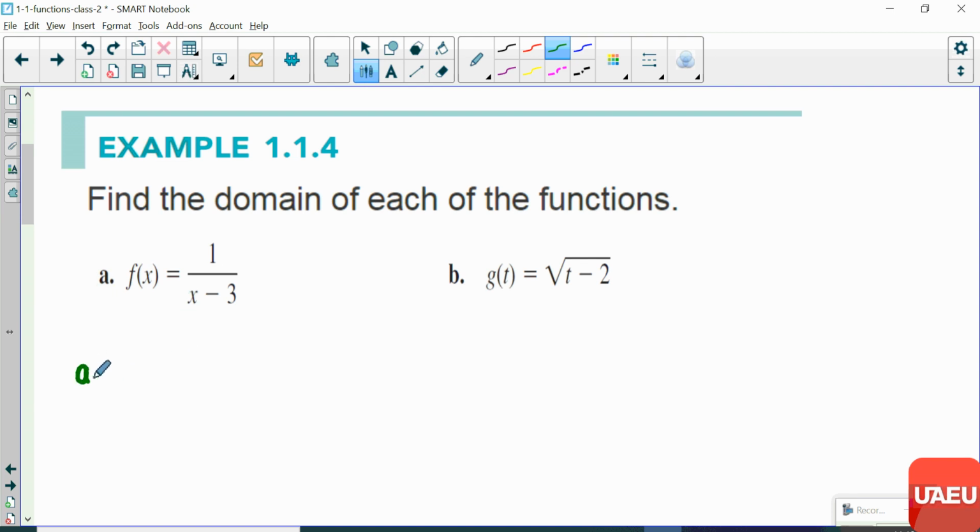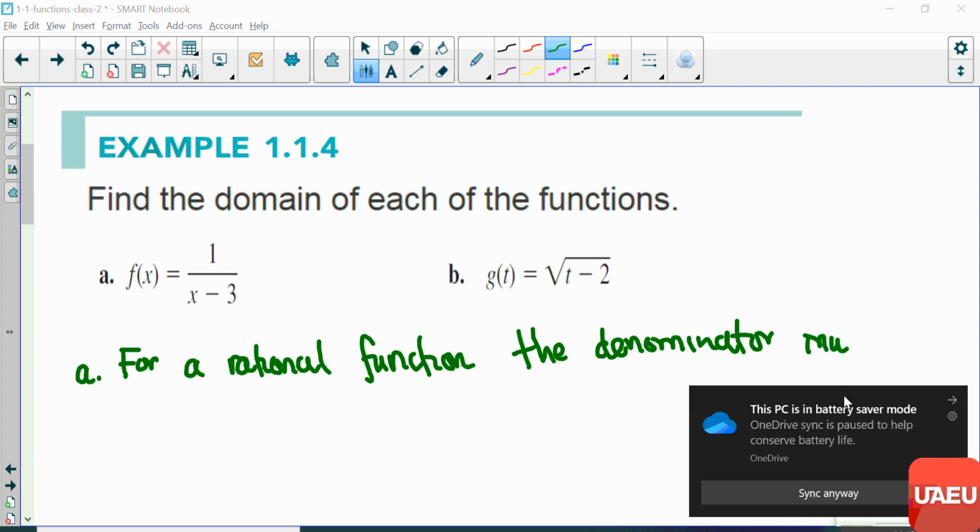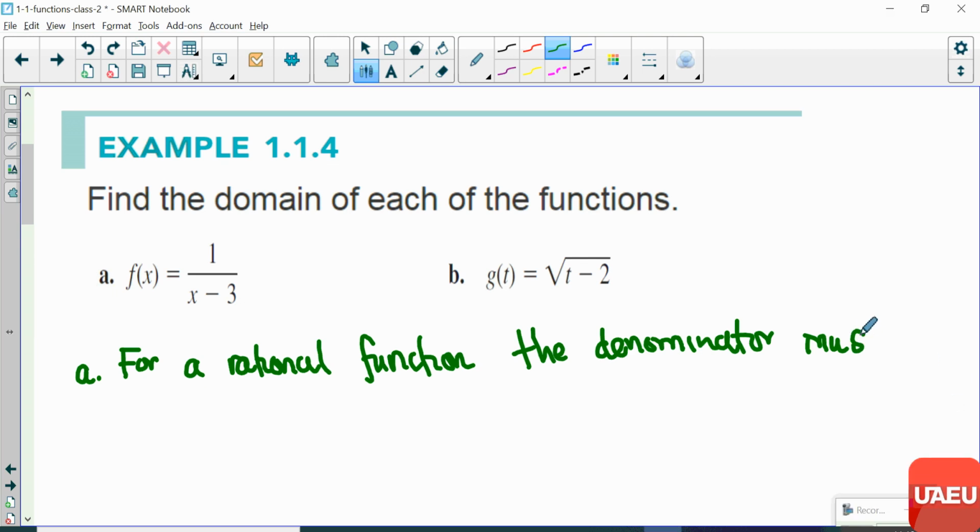So the first part, I want to emphasize that for a rational function, the denominator must not be 0.